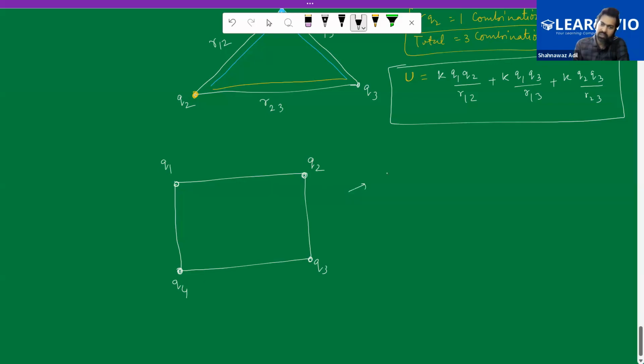So can you guys tell me, in total, how many combinations should be there? In total, how many contributions should be there?